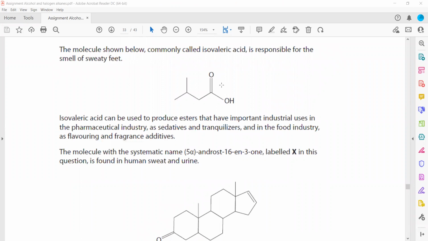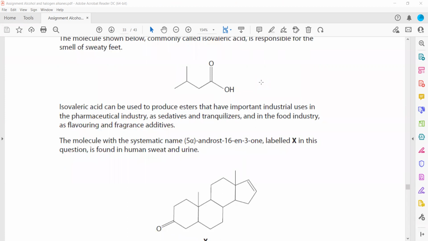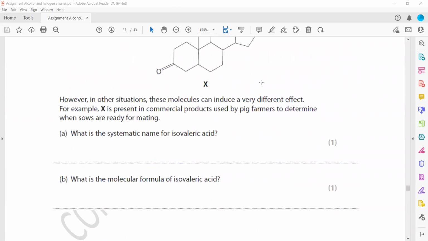So the molecule shown is isovaleric acid. Which part is a doubt? Question 26, A and C.